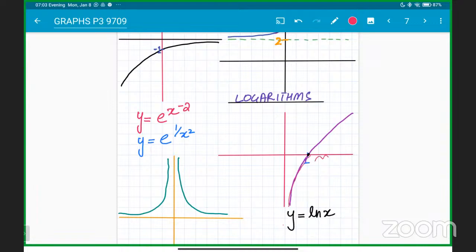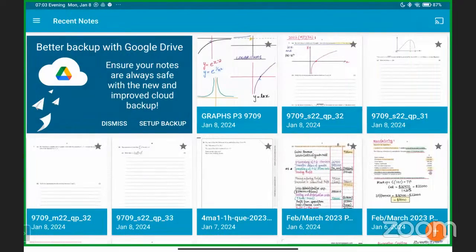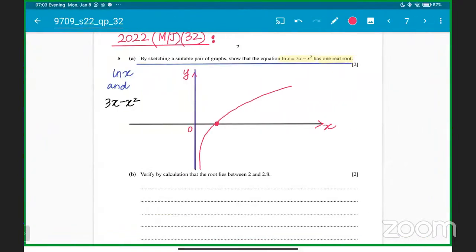The more values you take, 1, 2, 3, 4, 5, 6, you will get a higher value. And as you take values greater than 0 and less than 1, the graph will give a negative answer, okay? Getting it clear? So this is how the ln x graph will look like.